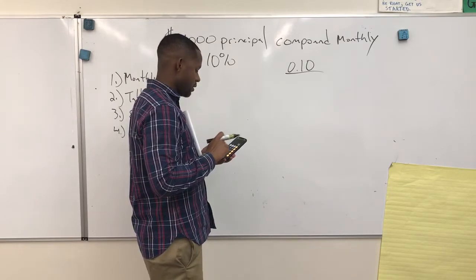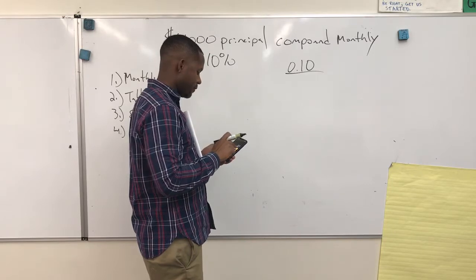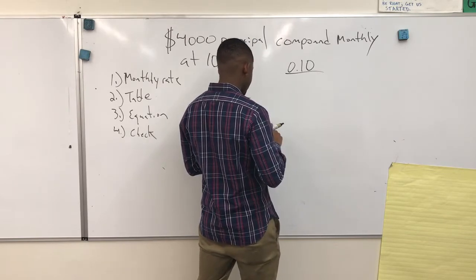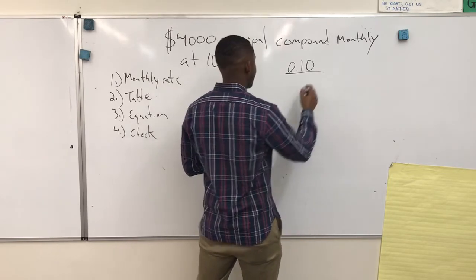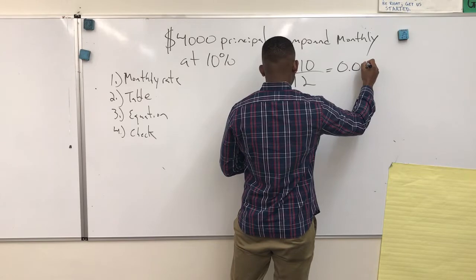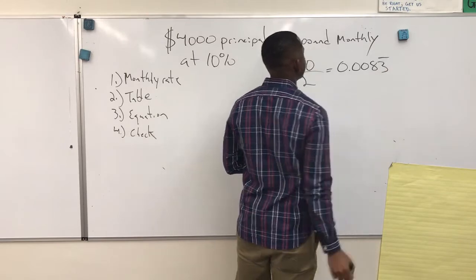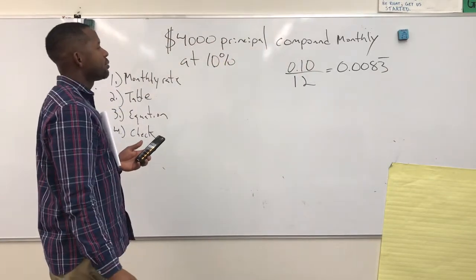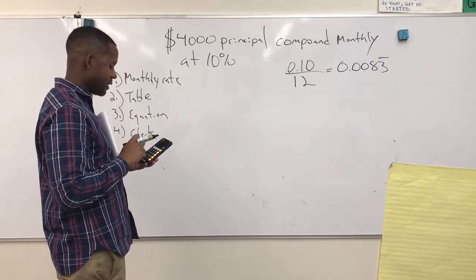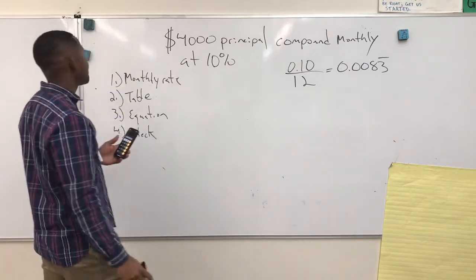So let me get 0.10 divided by 12, which is 0.0083, and the 3 is repeating. Let me just double check that. 10% divided by 12, 0.0083. Cool. So there's your monthly rate.